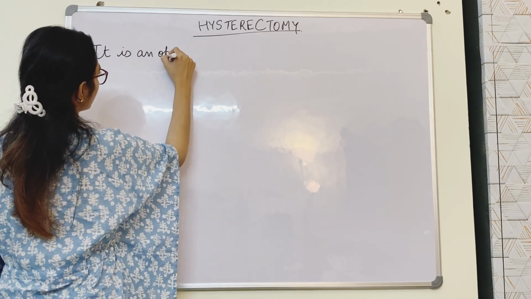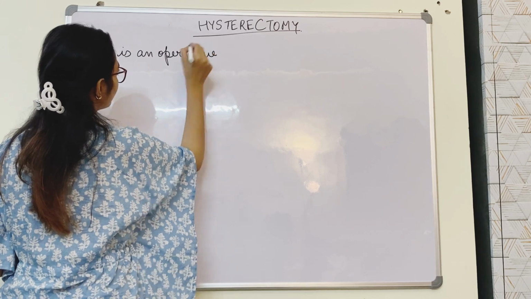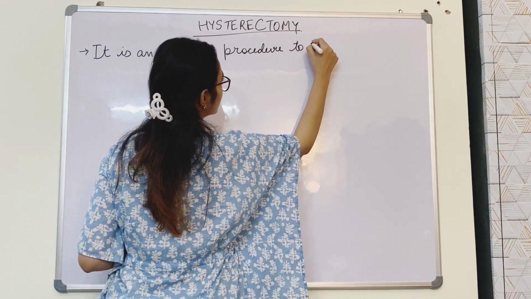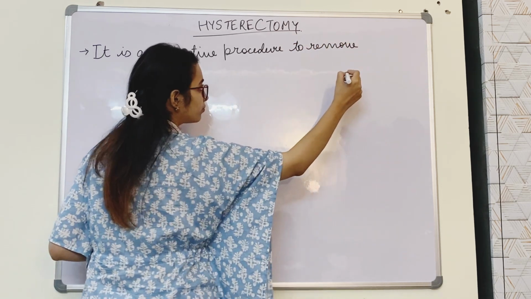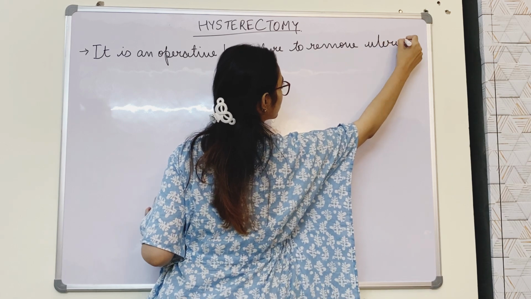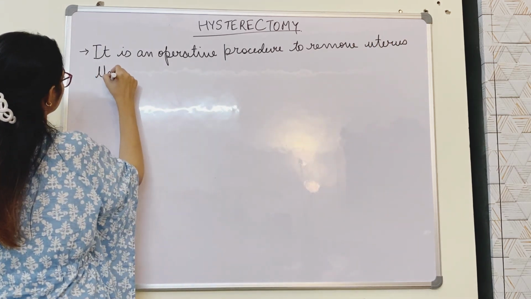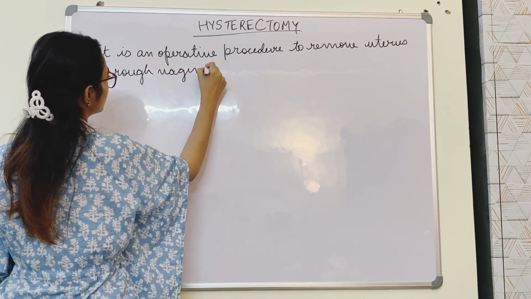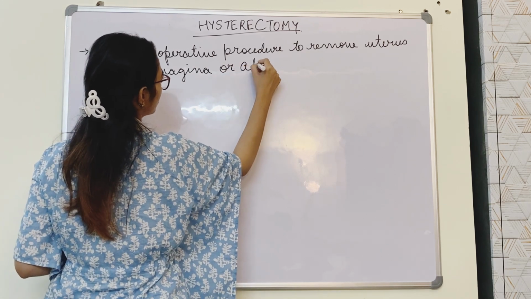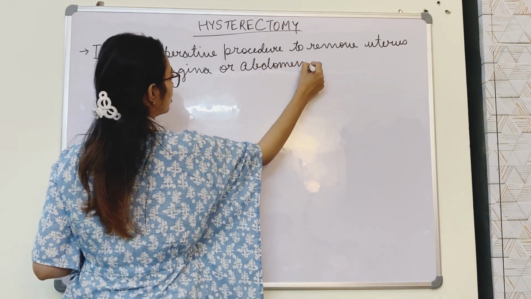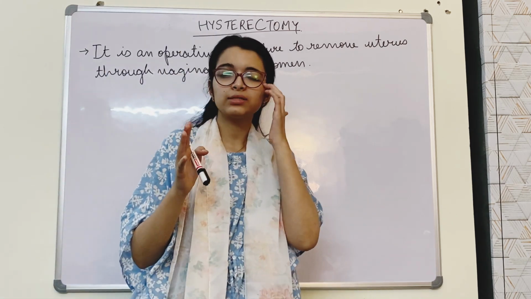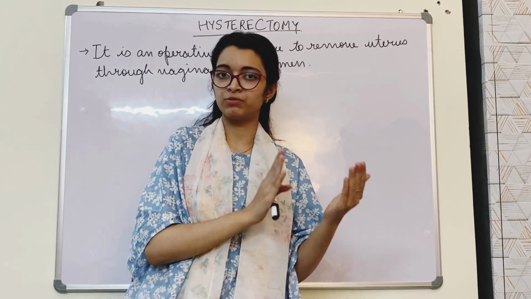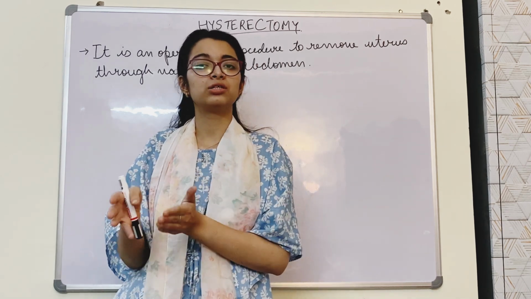It is an operative procedure to remove the uterus through the vagina or abdomen. Okay, so hysterectomy is done by two processes. Either you can use the vaginal route, or you can go through surgery of the abdomen.